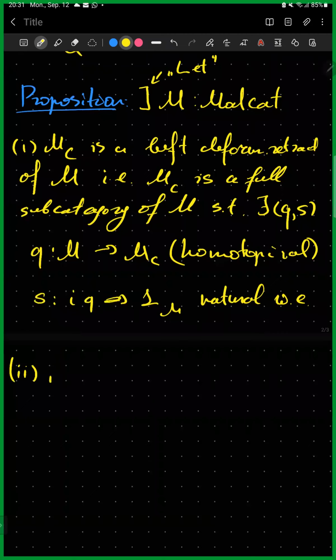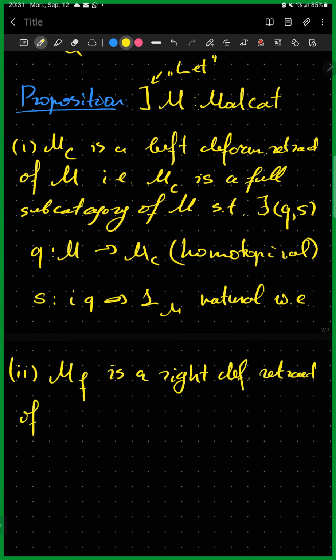Dually, MF is a right deformation retract of M, and the fact that it is a right retract just means that we have a natural transformation in the opposite direction.